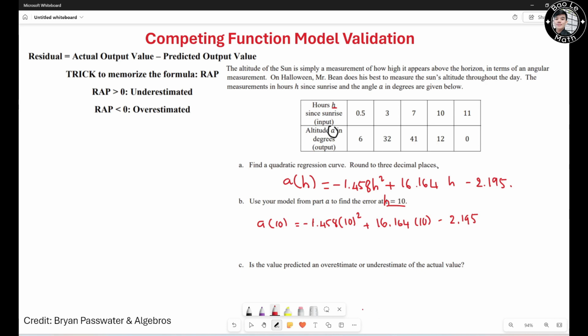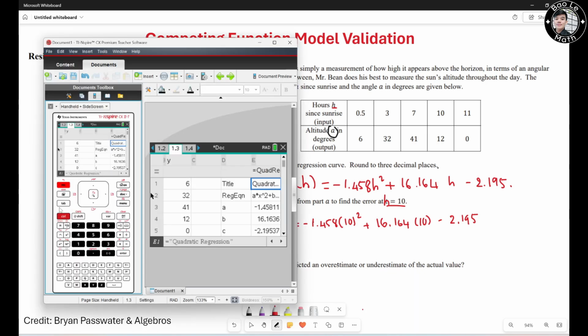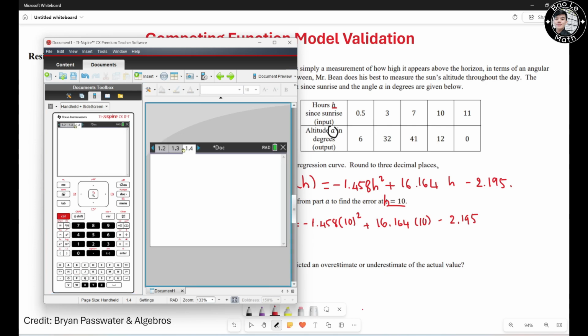2.195. Alright, so we bring up the calculator. We hit Control I, add calculator here. Now remember that we just stored this equation as F3. So we hit F3, parenthesis, 10, close parenthesis, hit enter.